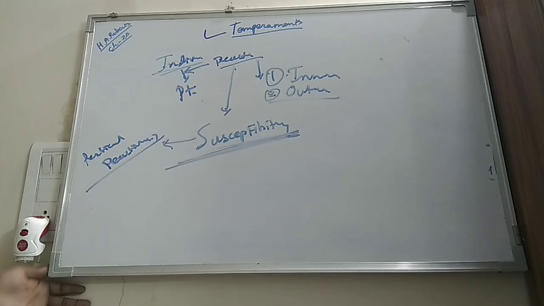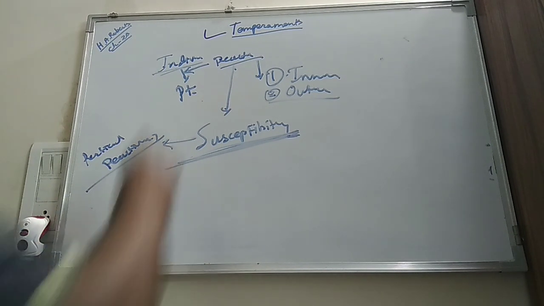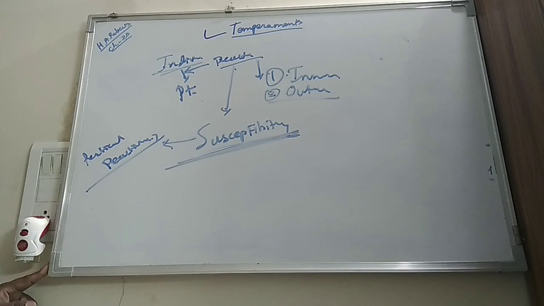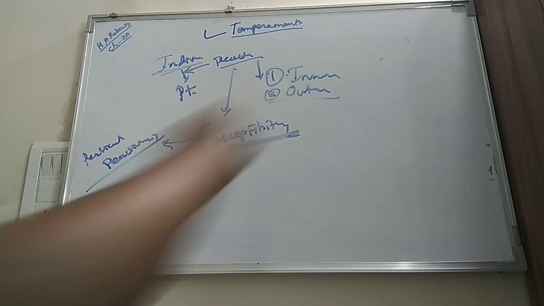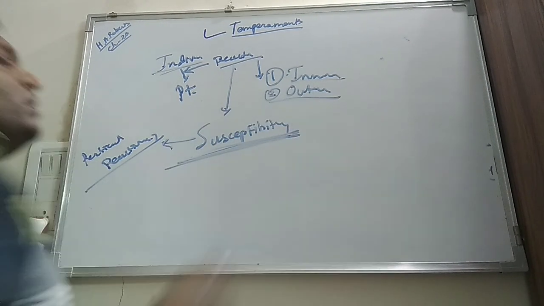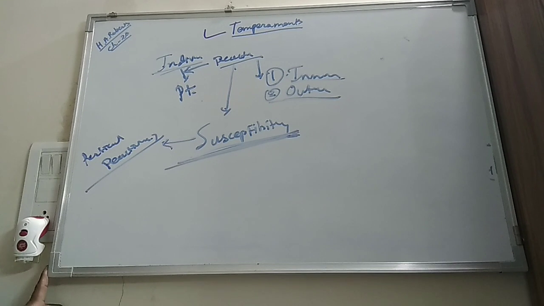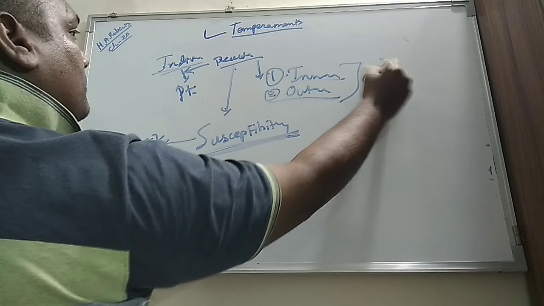Every individual has his or her own susceptibility. No two individuals are the same. So in this case, this susceptibility of an individual makes a person react in a certain way to the inner and outer conditions or circumstances.